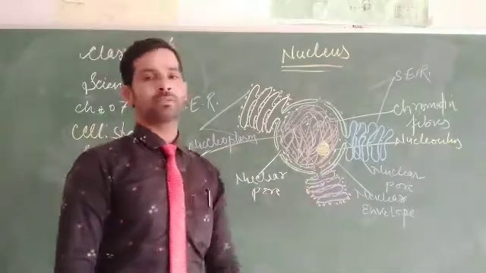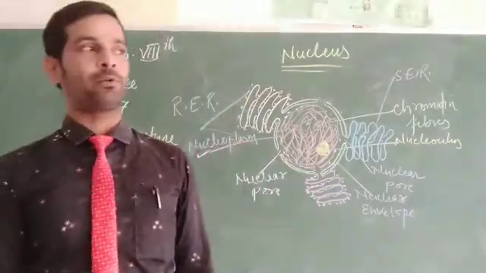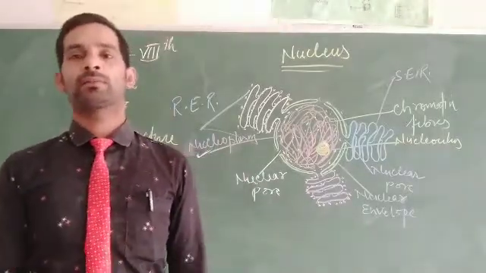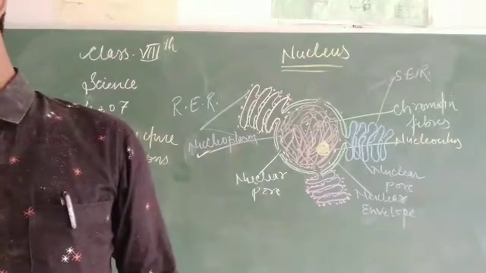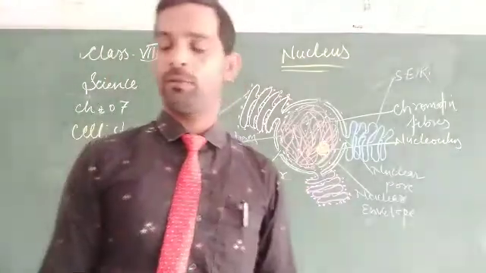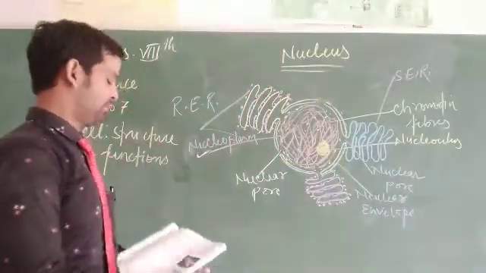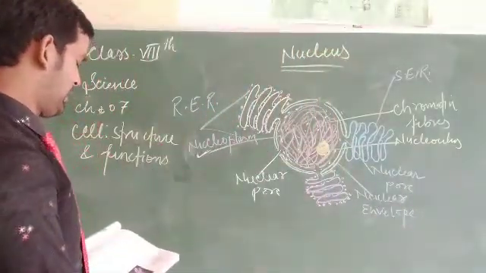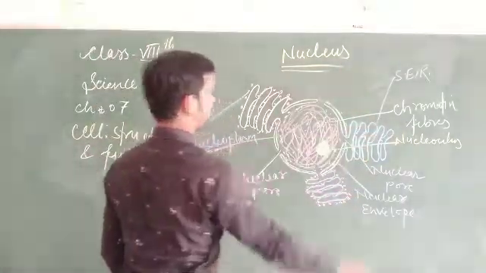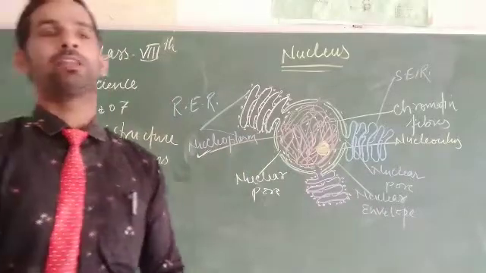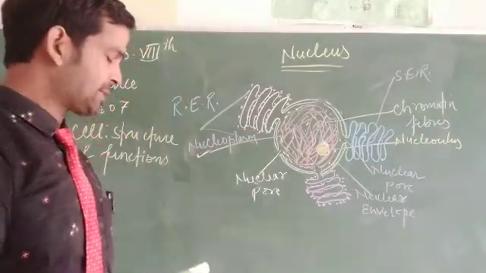Here is a nucleolus. You can see a round, small spherical structure found in the nucleus, which is called a nucleolus. This nucleolus is responsible for cell division. It is a dense, regular body present inside the cell, surrounded by the cytoplasm.